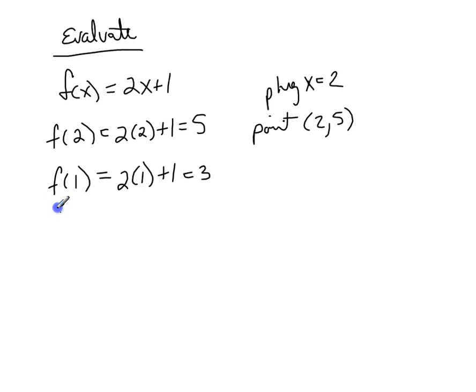How about negatives? F of negative 3. Two times negative 3, negative 6, plus 1, negative 5. And that's how you evaluate a function. You just plug in and do what it says.